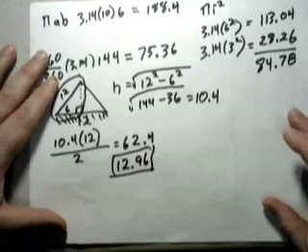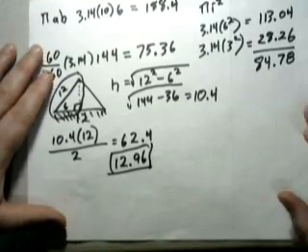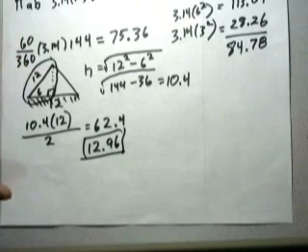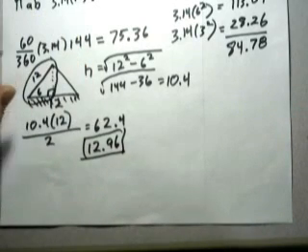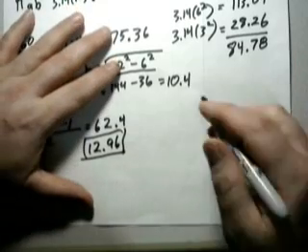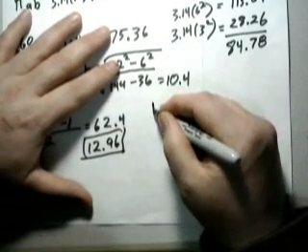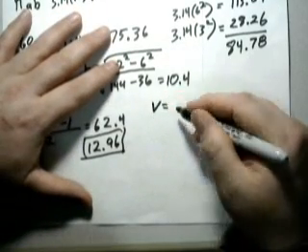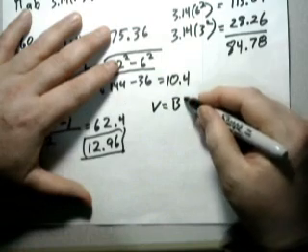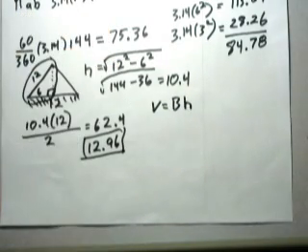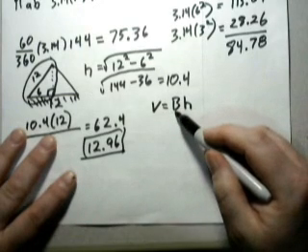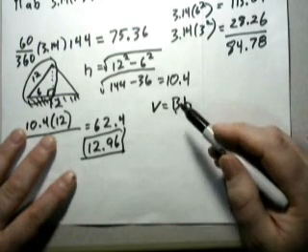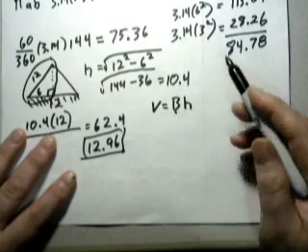So now let's look at number 12. We have a cylinder here, and we need to find both the volume and the surface area. So let's tackle that volume first. So volume is equal to base times height. Now the height is given as 12, and the base is actually the area of the circle, which is pi r squared.